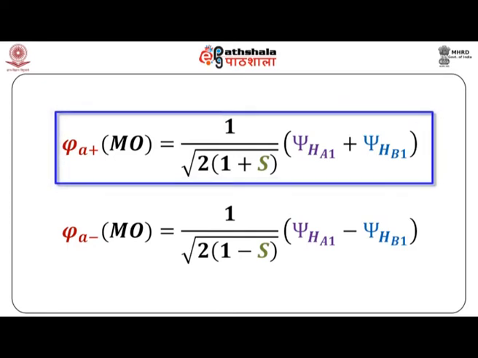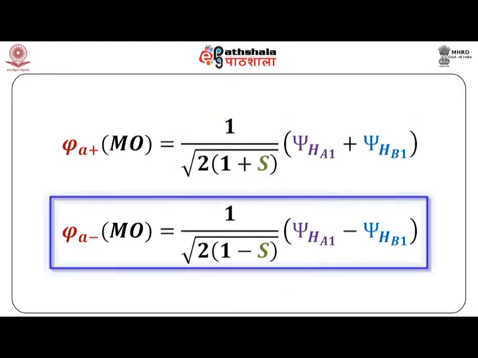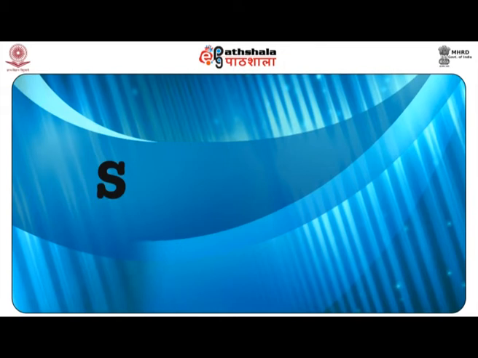And the other is phi A minus, the anti-bonding molecular orbital, given by 1 upon root of 2 into 1 minus S, times psi HA1 minus psi HB1.